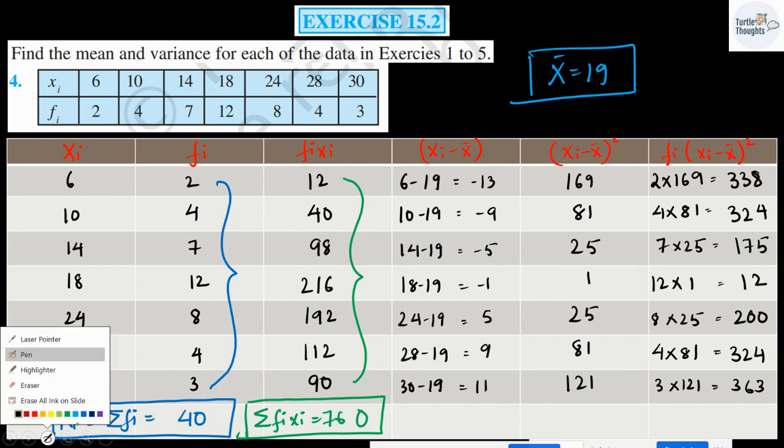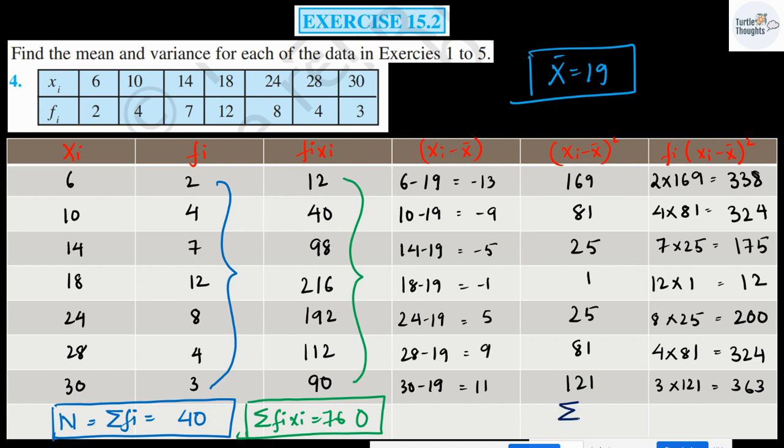Now again I have to find out the value of summation of fi multiplied by xi minus x bar whole square, which is going to be equal to the addition of all these values: 8, 8 to 6, 2 2 carry 5, 5 2 7, 4 and 3 6 carry 1, 4 0 2, 1, which is going to be 3, 3 and carry 1, 11, 11 and 6 is 17.